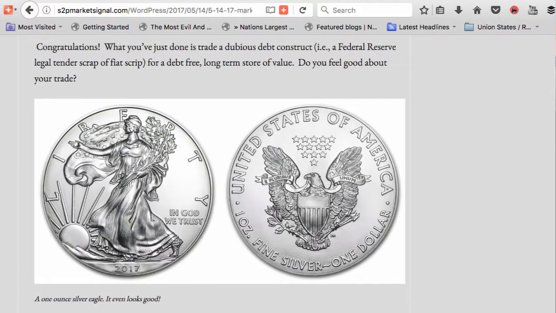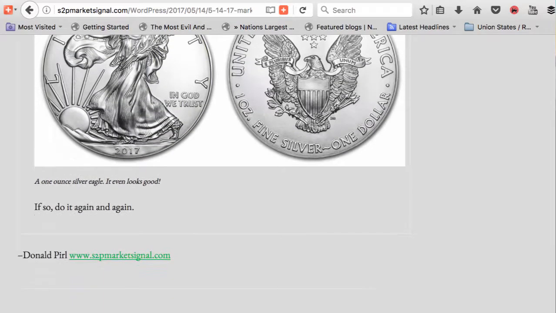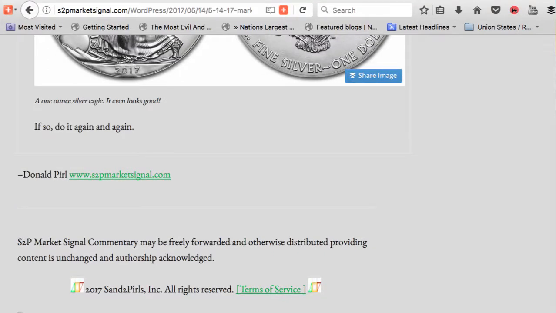Congratulations! What you've just done is trade a dubious debt construct, that is, a Federal Reserve legal tender scrap of fiat scrip, for a debt-free, long-term store of value. Do you feel good about your trade? If so, do it again and again.